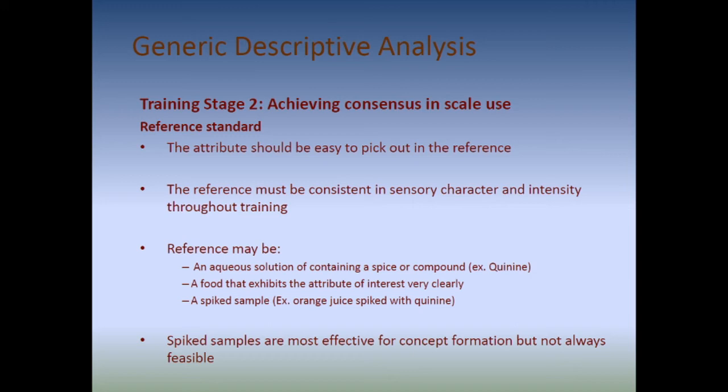Something that we've also done was negative samples. So for example, one time we did a panel where we were doing applesauce, and we were able to create a negative attribute sample where we took the applesauce and put it onto a coffee filter and gently rinsed the applesauce out with deionized water.